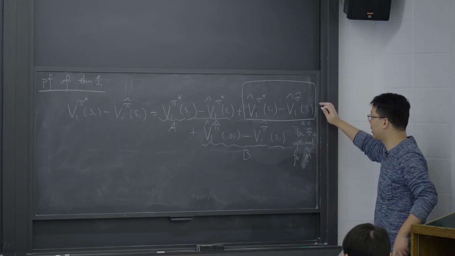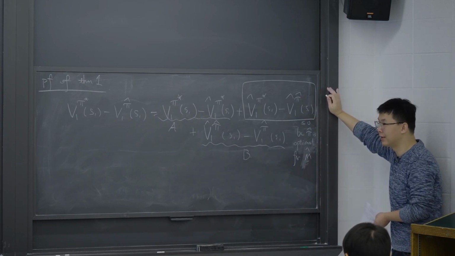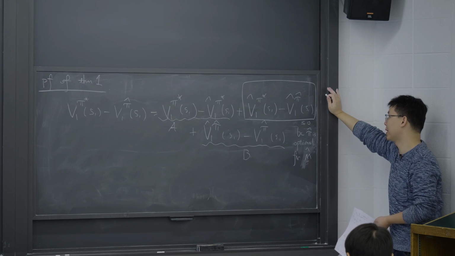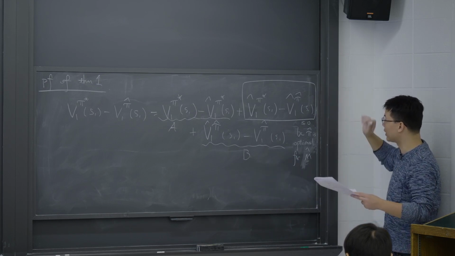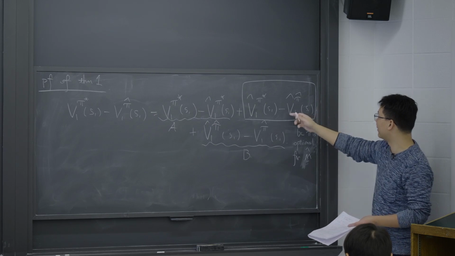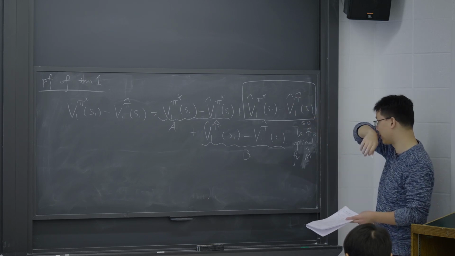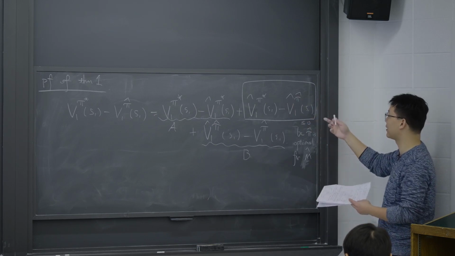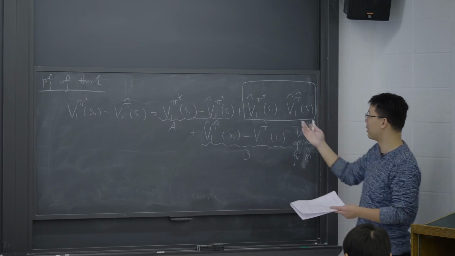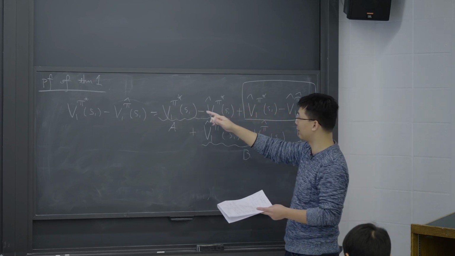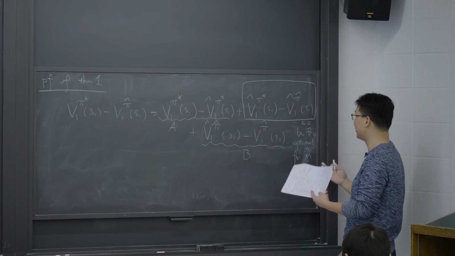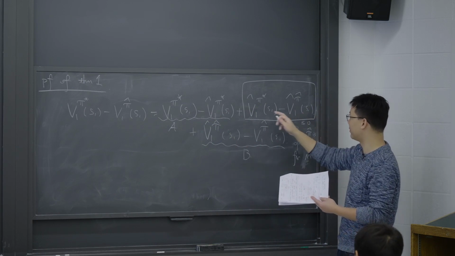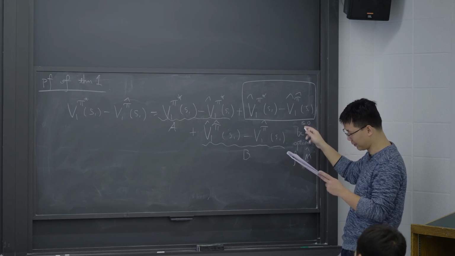Just remember how we computed this pi hat in this value iteration algorithm. We directly do the Bellman optimality equation on this m hat, on this modified MDP. So that's why on this modified MDP, pi hat is actually the optimal policy because it satisfies the Bellman optimality equation there. While pi star, although it's the optimal policy of the original MDP, is suboptimal in this m hat. So that's why this value is actually greater than this value, so this is smaller or equal to 0.